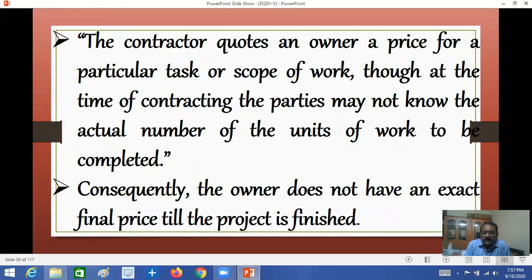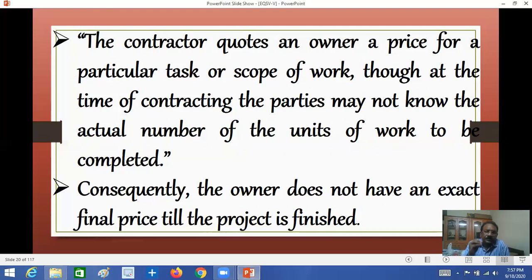So the owner does not finalize the exact price at the initial stage. A number of changes will be there when we are constructing the house or any project. Consequently, the owner does not have an exact final price until the project is finalized. So unit wise it is going to be completed.